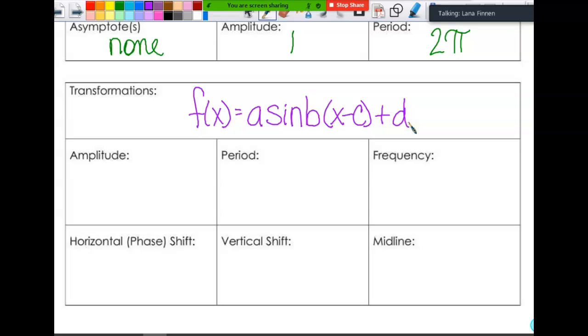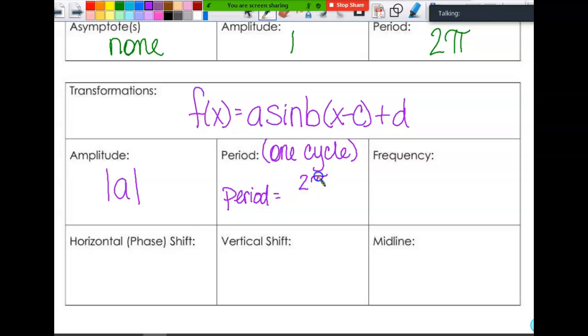Okay, so your amplitude, like I said, that's like your vertical stretch. This A is always your vertical stretch. So your amplitude is just the absolute value of A. It has to be absolute value because the negative would be that reflection like it always is. Okay? The period means one cycle, and you find that period equals 2 pi divided by the absolute value of B. Your frequency is how many times you complete a cycle within 2 pi.